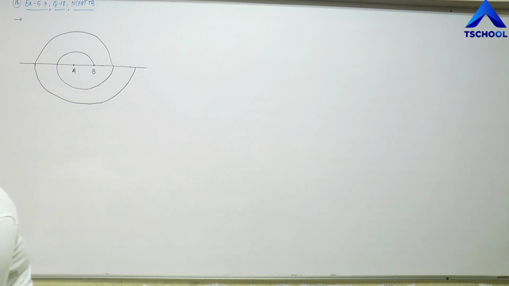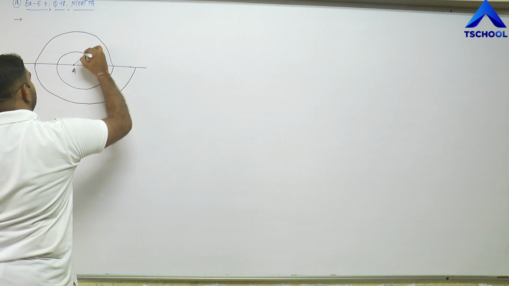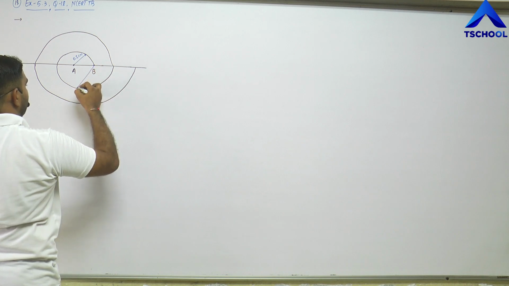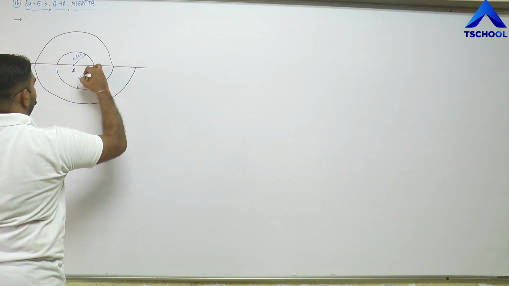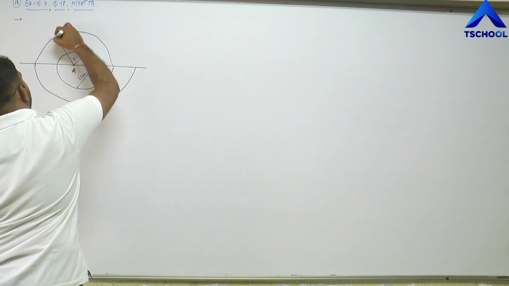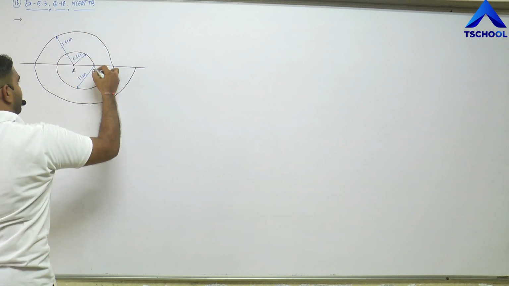First of all, with A as center, a semicircle is made of radius 0.5 centimeter. So the radius here is 0.5 centimeter, right? With B as center, we have made another semicircle of 1 centimeter radius. With A as center, again we have made one of 1.5 centimeter.